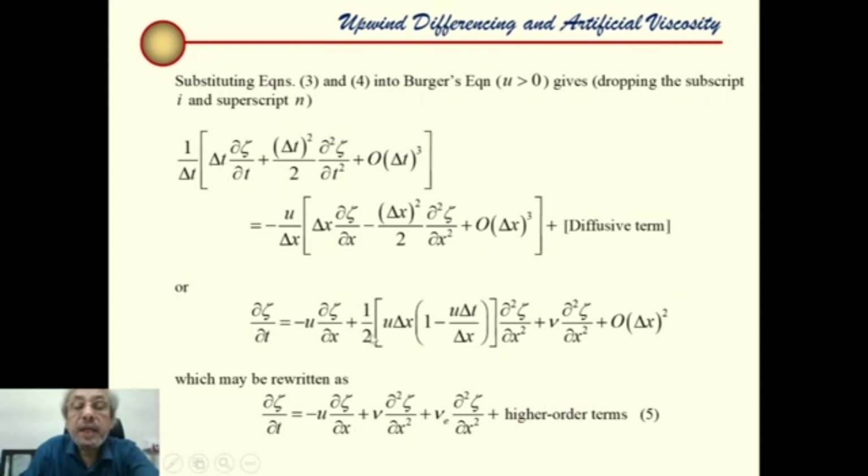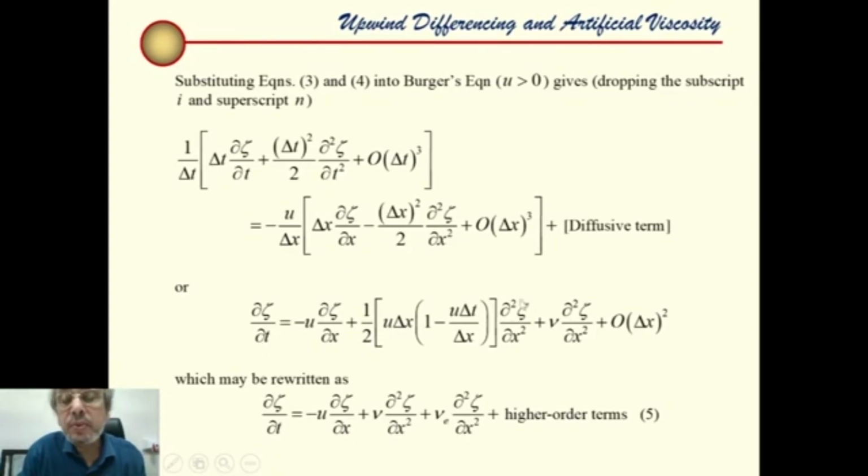if we rearrange the terms, the temporal derivative and the spatial derivative, that means the first order temporal derivative, if we write the highest term of the truncated series, and the first order spatial derivative, if we write the highest term of the truncated series, if we can organize them effectively, we will get this term. But while doing this, from here we get del 2 zeta del x2, and u delta x square by delta x will cancel out by 2, very simple.